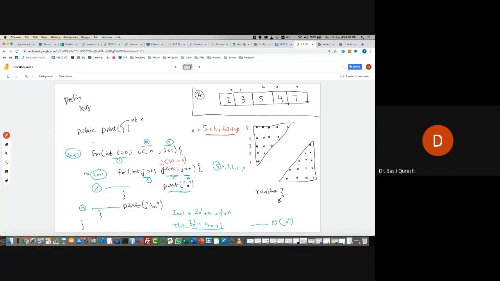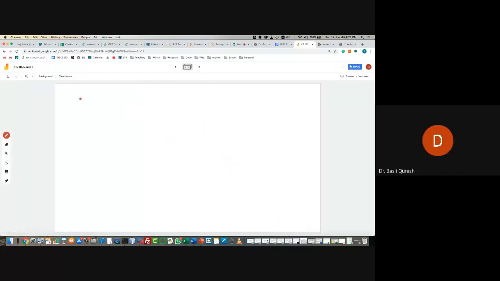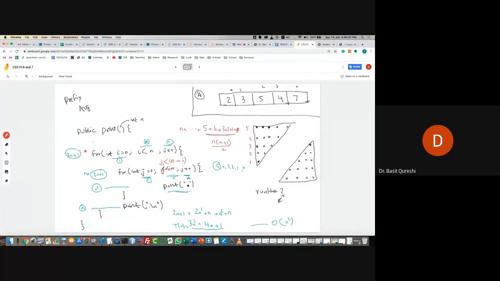If I have something like this, I can write it like this, n into n plus 1 over 2. Did you guys study this? I forgot which kind of series it is, but it's a type of series. So if you have something like 1 plus 2 plus 3 plus 4 up to n, you can write it like this, n into n plus 1 over 2. So now the thing is, the same thing is happening over here.